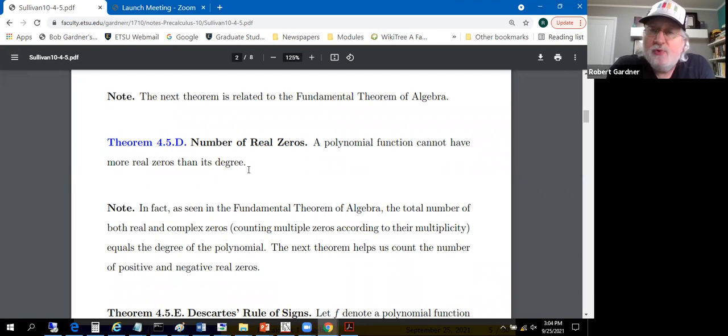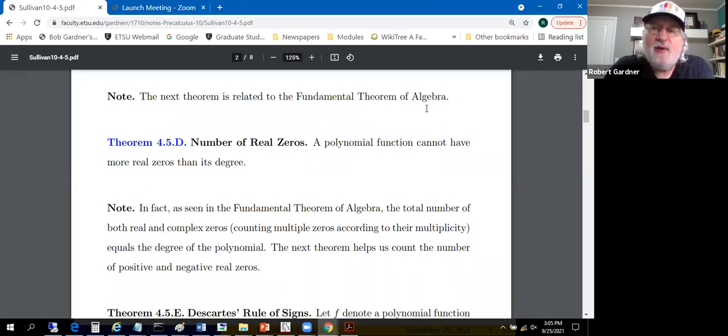We've got the equipment to prove that, so we will. We'll use the factor theorem to show this. It turns out the degree of a polynomial tells you how many roots it has, if you'll let me use complex numbers. And that's where the fundamental theorem of algebra comes in.